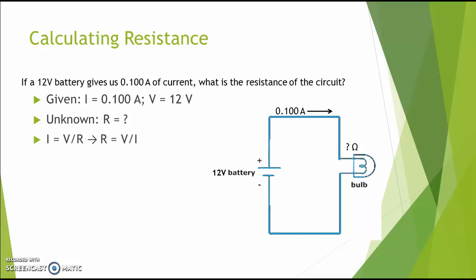The equation, I equals V over R. Oops, not in the right form again. We need to get R on its own. So some quick algebra converts that to R equals V over I. Substitute in 12 volts divided by 0.1 amps. And our solution, 120 ohms.